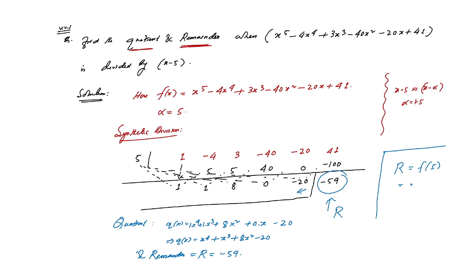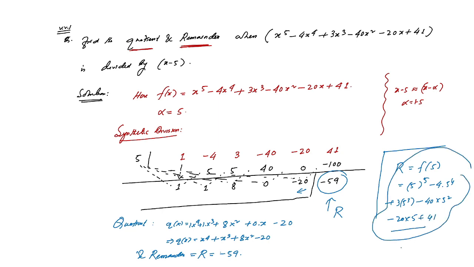That means, by the remainder theorem, 5 to the power 5 minus 4 into 5 to the power 4 plus 3 into 5 cube minus 40 into 5 square minus 20 into 5 plus 1. The main thing is, it will take more time for calculation. But here if we apply the synthetic division, it will be very easy.